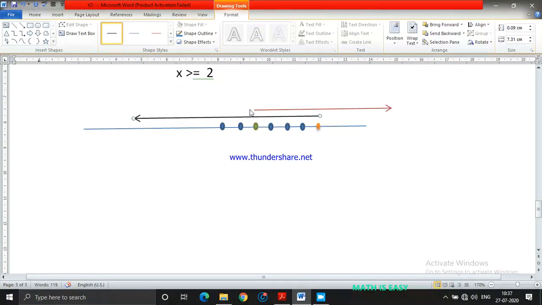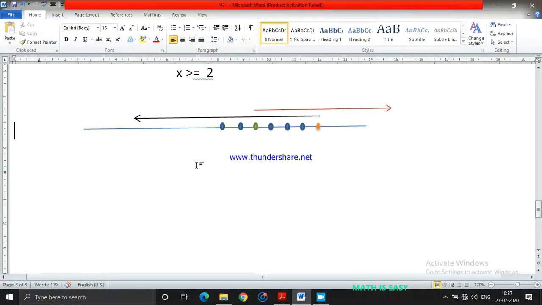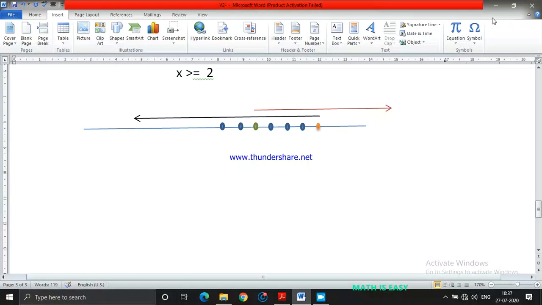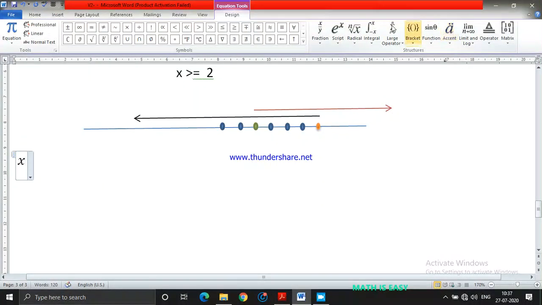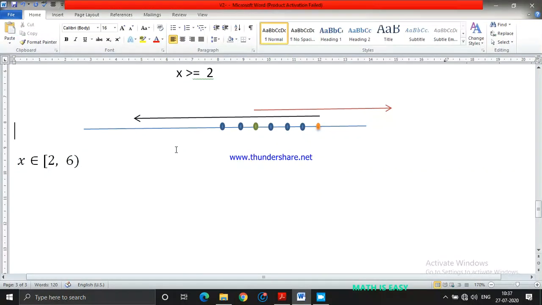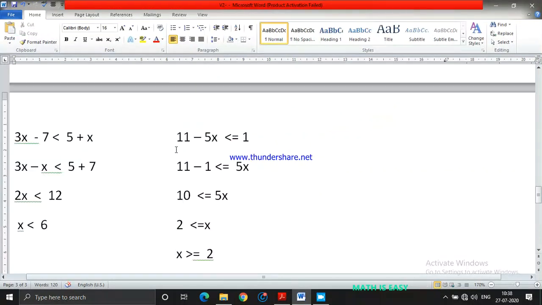This is the portion common to both the inequalities. So the solution for x is going to be, you can write, x belongs to the closed interval 2, open interval 6. So this is the common solution set for both the given inequalities.